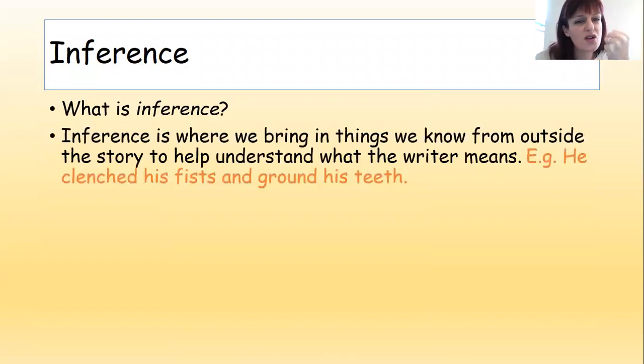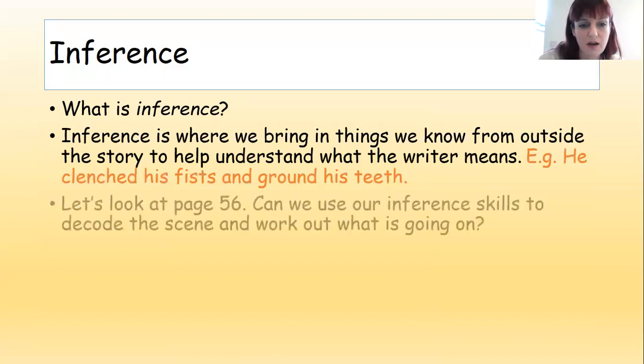We know that clenching our fists is quite a threatening movement, and we aren't told that in the story. We bring that in from our knowledge of human nature and body language. That is what inference is. It's reading between the lines to be able to infer what is actually going on.